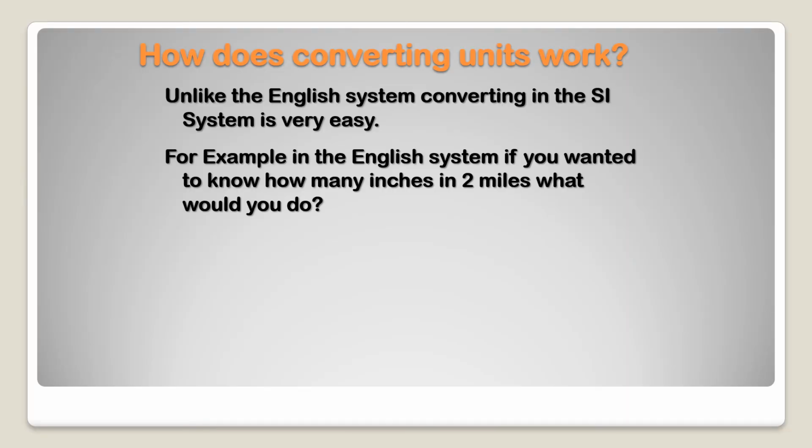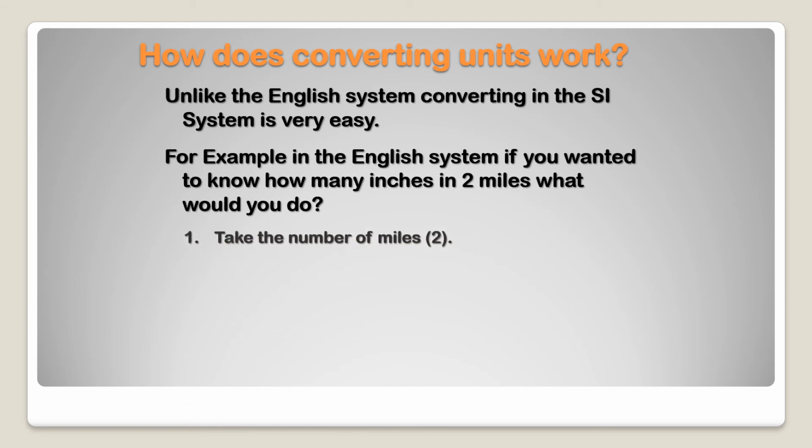Now, probably your biggest question is, how do I convert units? Unlike the English system, converting in the SI system is very easy. For example, in the English system, if you wanted to know how many inches were in 2 miles, what would you do?